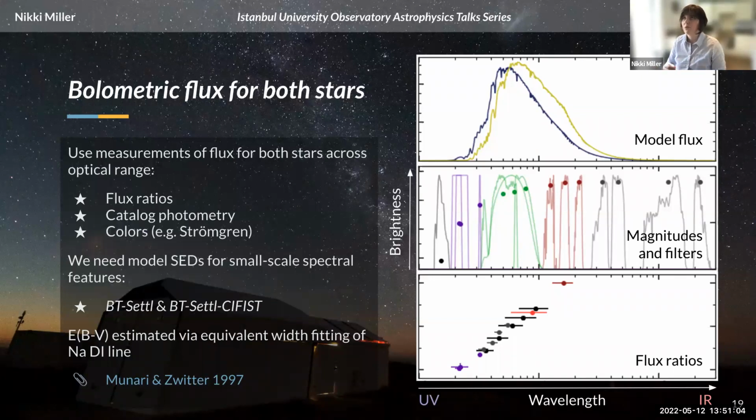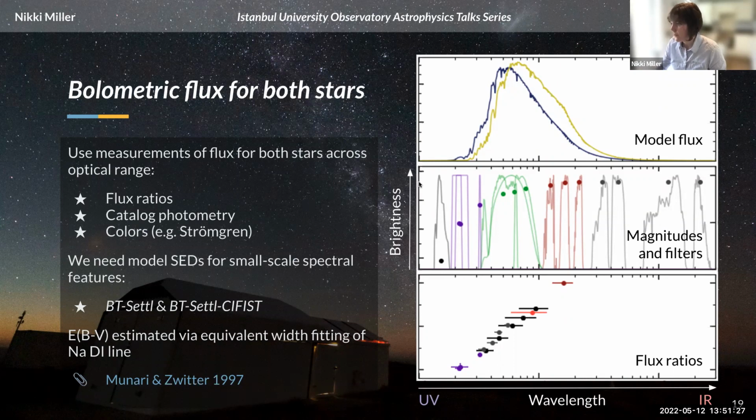But we also want to use model SEDs to get those small scale spectral features properly included in our analysis. For our method, we're using the BT-Settl models, but I've tried lots of different variants of these models, and we do have a way to get rid of the model dependence.